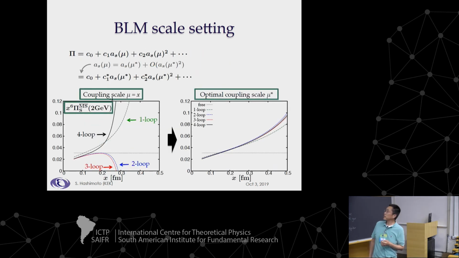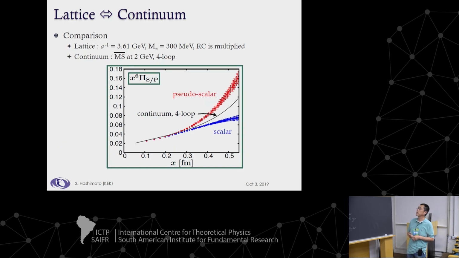By doing that, we obtain something like this for the scalar cases. On the left-hand side, the previous scheme, and now by choosing the better scale, we see the nice convergence from the one loop, two loop, three loop, and even four loop. So we use this to compare with the lattice data.